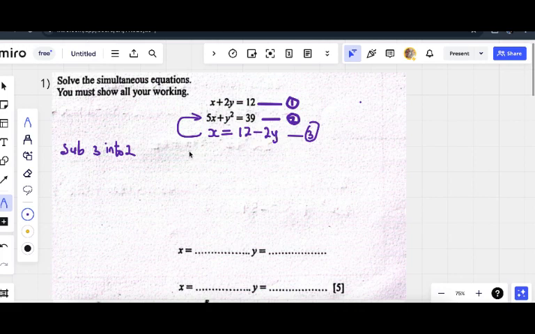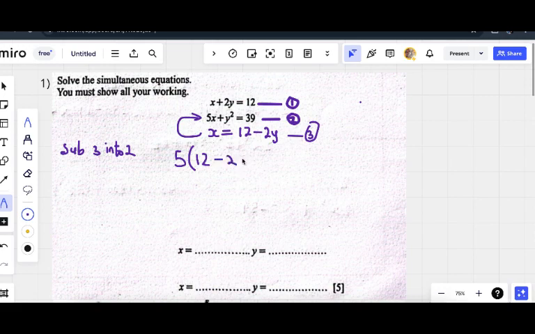So what I have now, if I do that, I have 5. Instead of writing 5x, I will have 5, then I open a bracket because I'm replacing x with 12 minus 2y. I put in a bracket in order not to create confusion. So in place of x, I put 12 minus 2y.